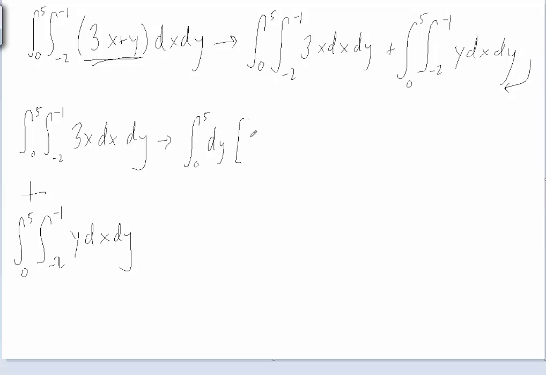That's the integral of -2 to -1 of 3x dx, which is 3/2 x squared, evaluated from -2 to -1.